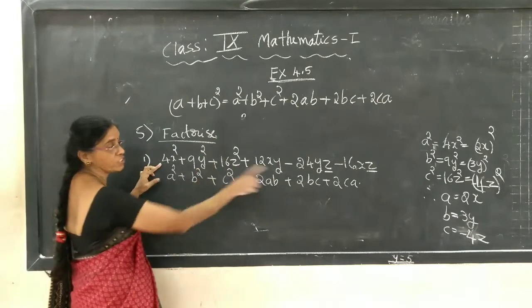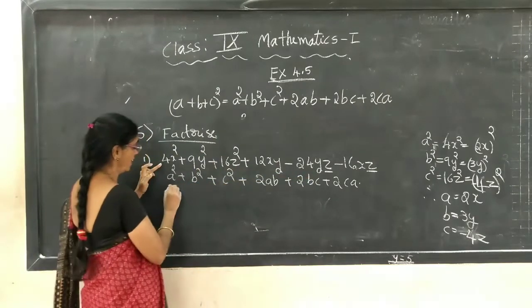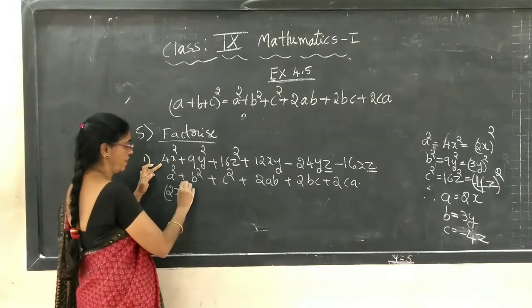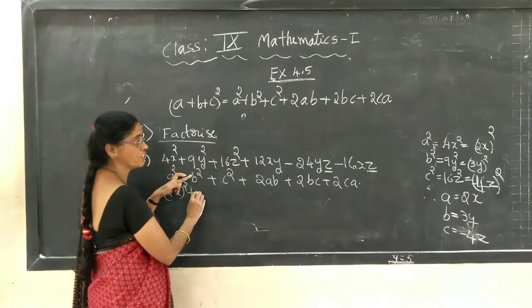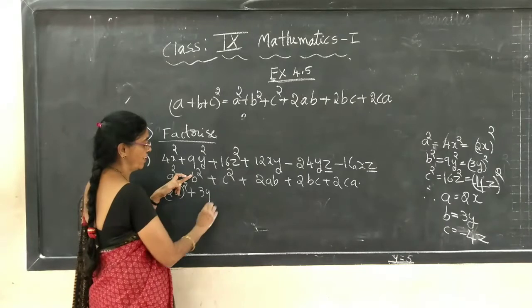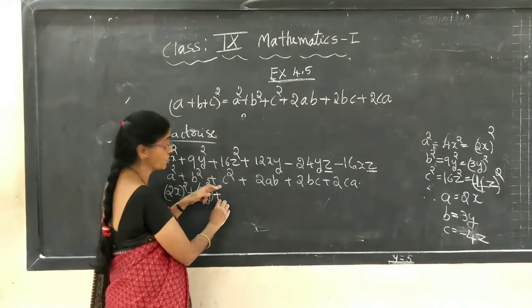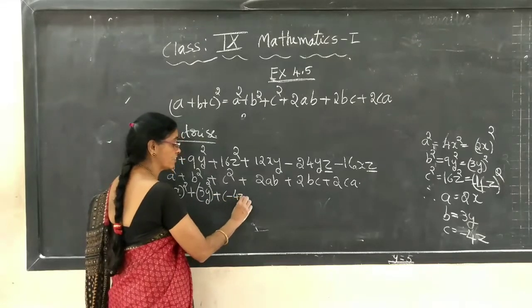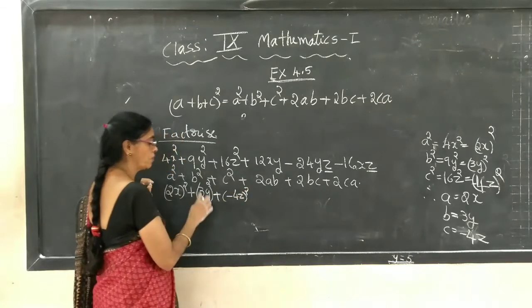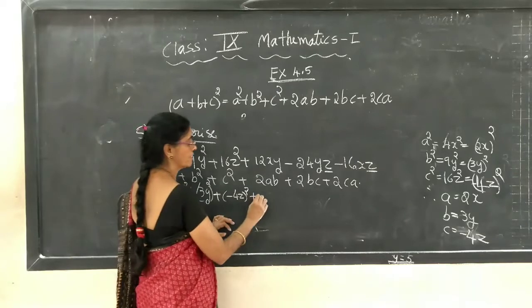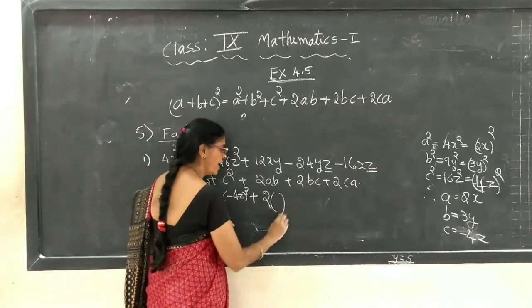A square, what is your a? Here 2x square, plus b square. b is how much? 3y, so 3y whole square, plus c square. c is minus 4z square. a square plus b square plus c square plus 2 into a into b.